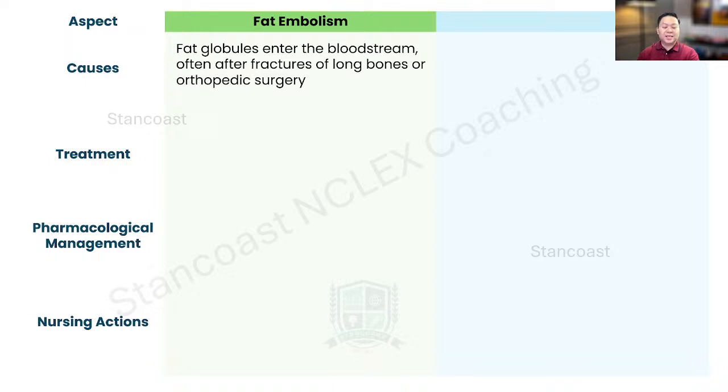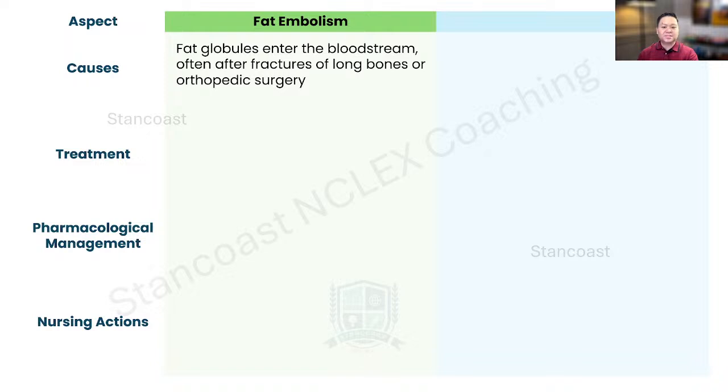when there is probably a fracture of the long bones, or it could be caused by orthopedic surgery, maybe total knee replacement or total hip replacement. And so this can really disrupt the fatty tissue and inadvertently cause the release of these fat globules into the bloodstream. Now, another cause for the fat embolism is trauma.